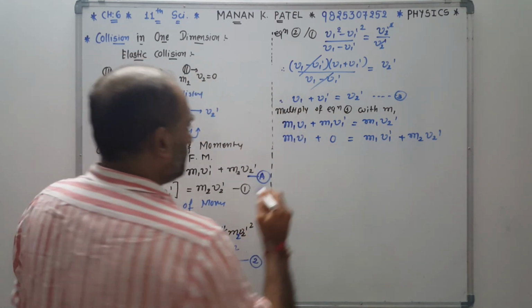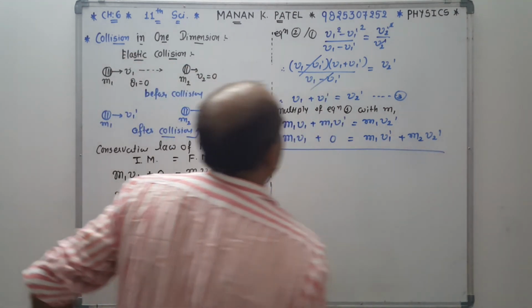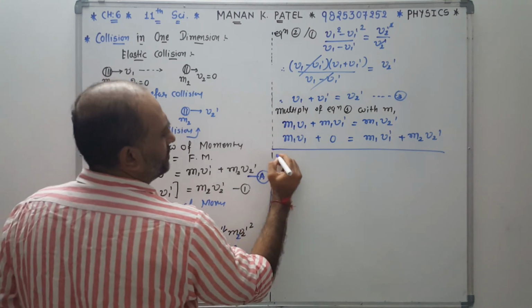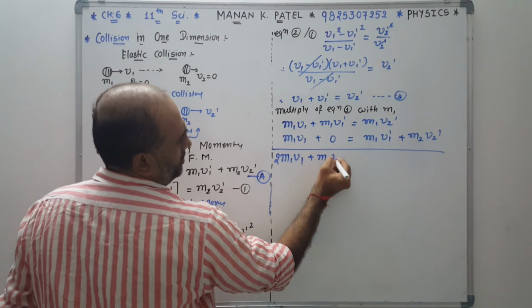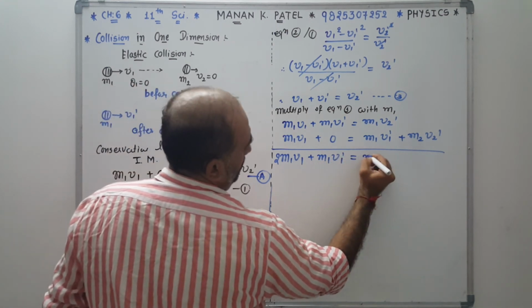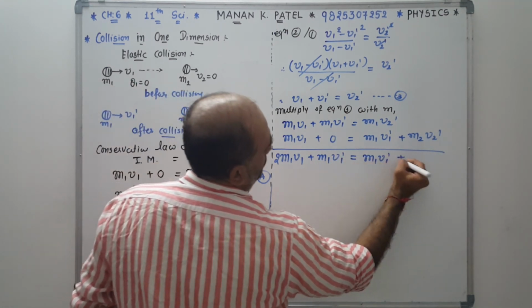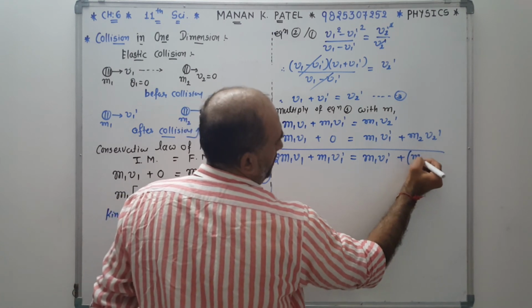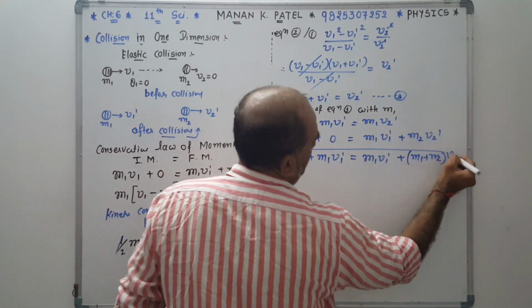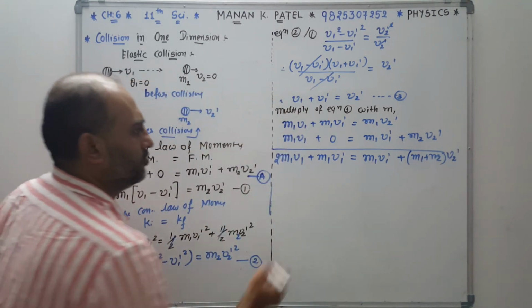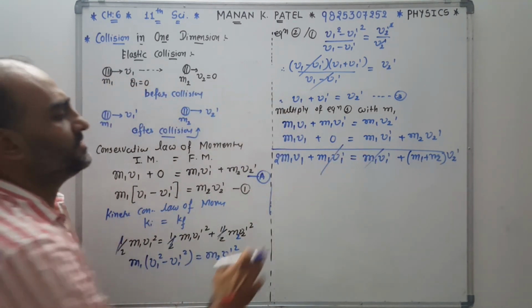So now again eliminate, but by directly adding. So 2 m1 v1 plus m1 v1 dash is equal to m1 v1 dash plus (m1 plus m2) v2 dash, because m2 is over here and v2 dash is common. Now this m1 v1 dash is cancelled.